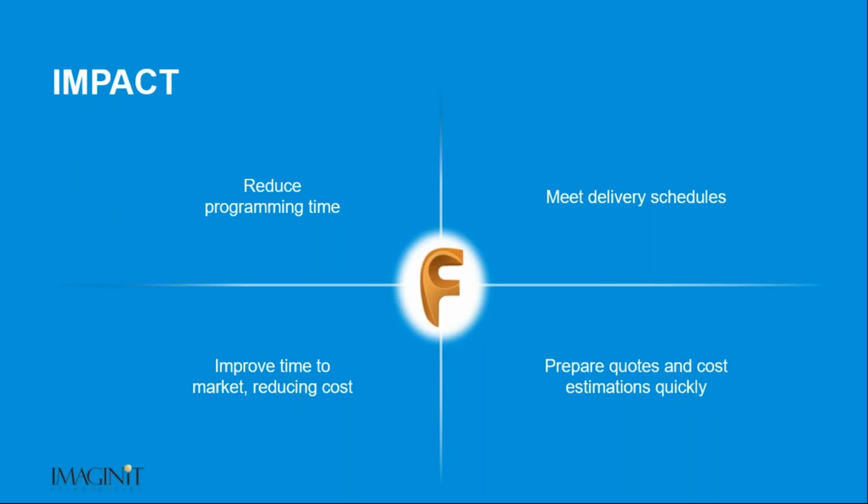So a lot of people out there using FeatureCAM are finding that with its automation and its ability to pick features automatically and fast programming time, it all just kind of snowballs.